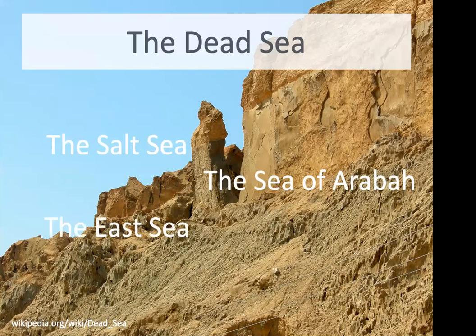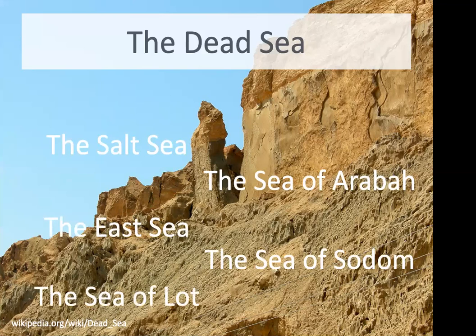It's been the Salt Sea, the Sea of Arabah, the East Sea, the Sea of Sodom, the Sea of Lot. And you can see all of these names and more names used on early maps. But it is an iconic geographic shape that you'll see again and again.